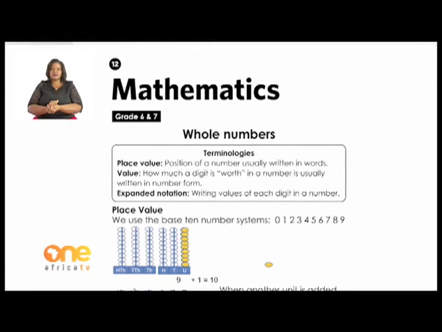Expanded notation is writing the values of each digit in a number. Those are the terminologies, so we have to go one by one, breaking them down. Place values.